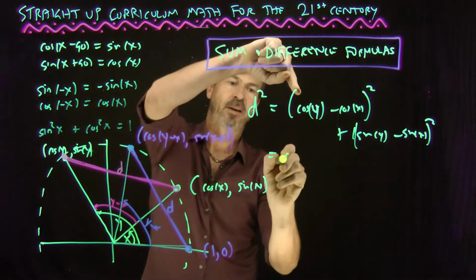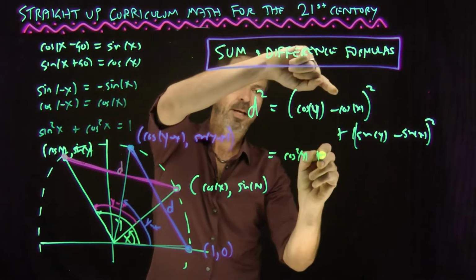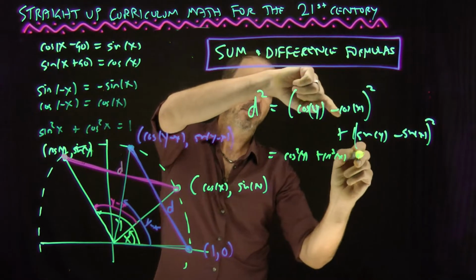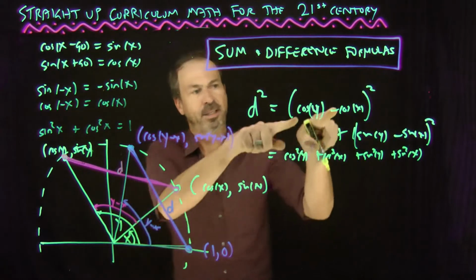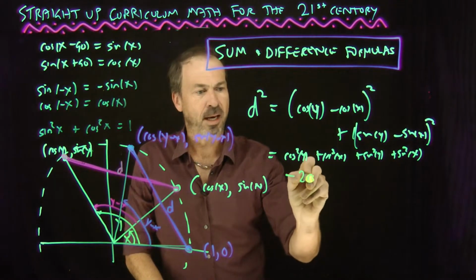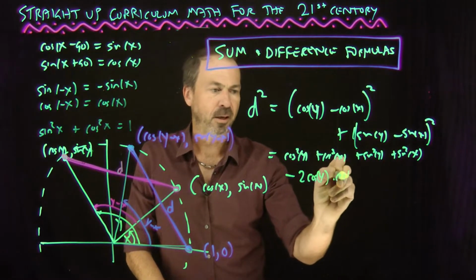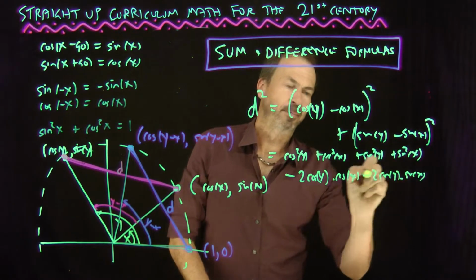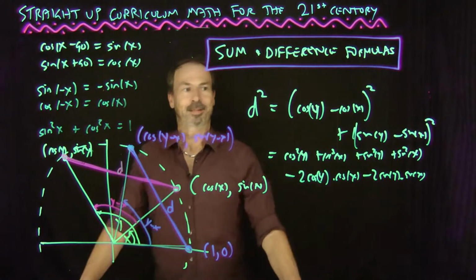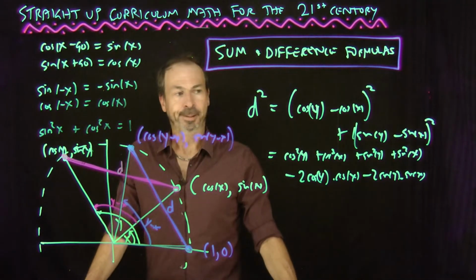I'll get cos squared of y plus cos squared of x plus sine squared of y plus sine squared of x, plus the cross terms, minus 2 cos y cos x and minus 2 sine y sine x. Okay, I'm not really having fun.